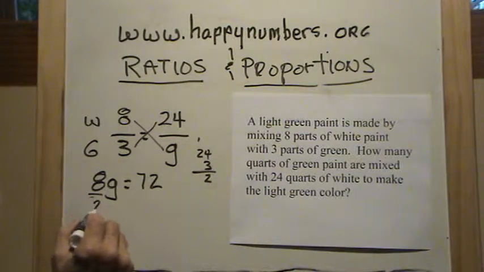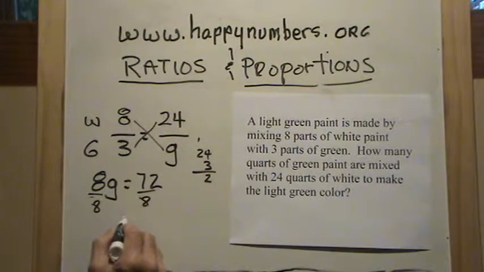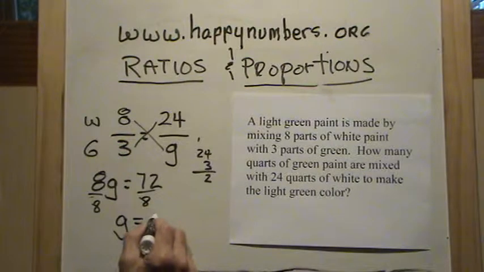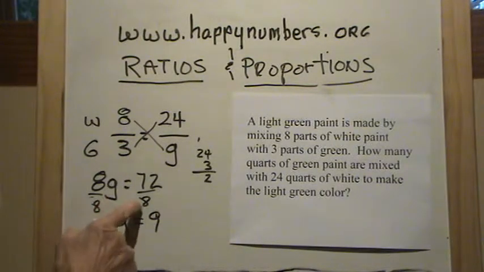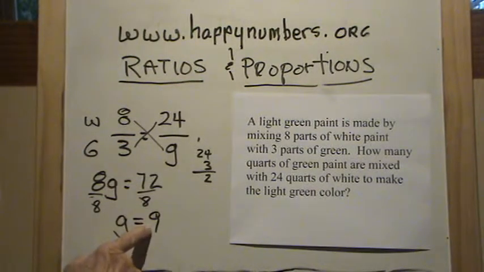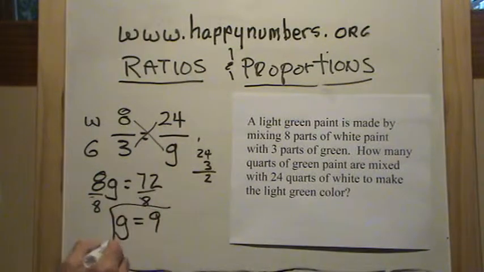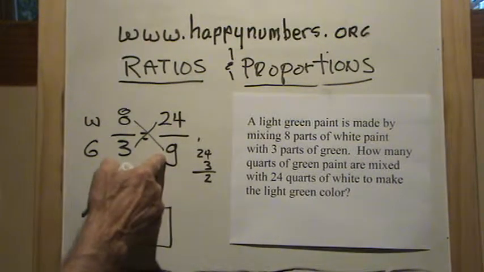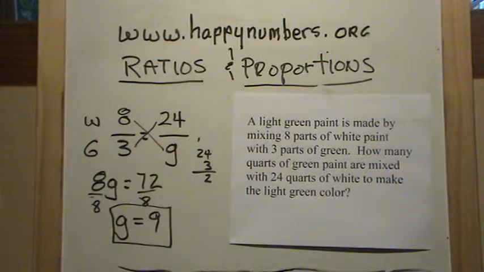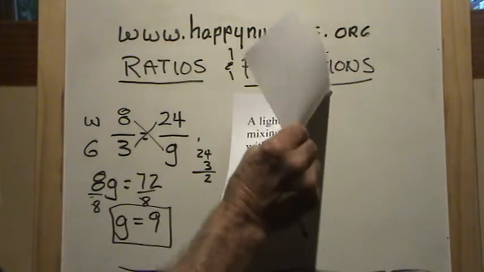We divide by 8 and divide by 8, and G is equal to 9. 8 goes into 72 9 times. So we would need to mix 9 quarts to make our proportion equal. Good. Let's put up another problem for you.